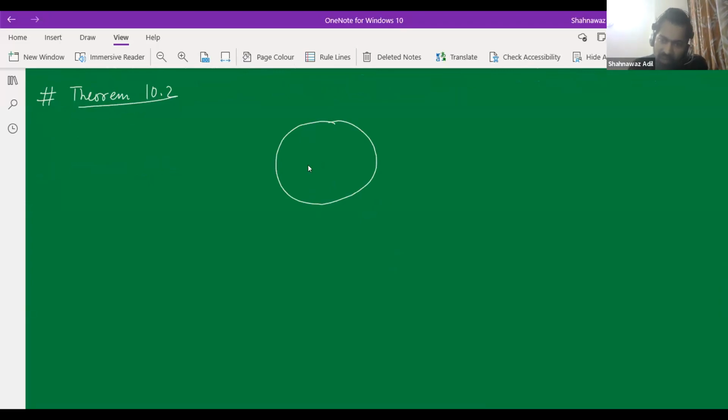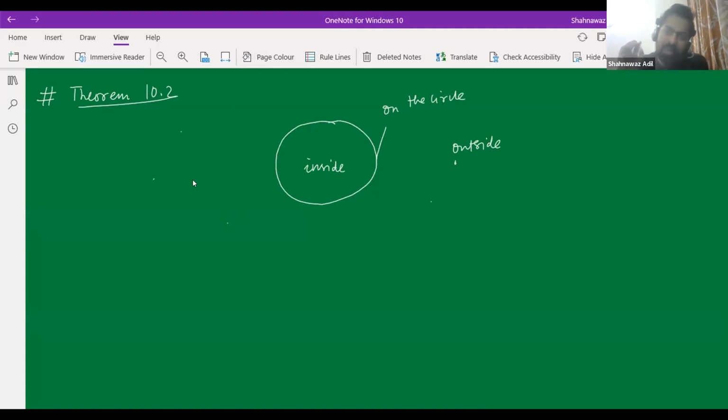One, that we choose a point inside this circle. The other is that we choose a point on this circle. And the other is that we pick a point outside the circle. Outside could be here, here, here, everywhere we can take. So there are three scenarios in which we can pick a point.